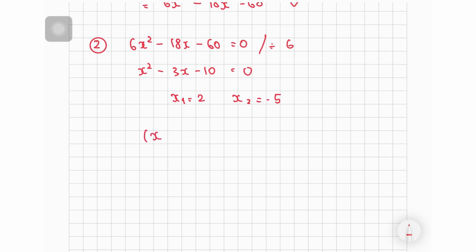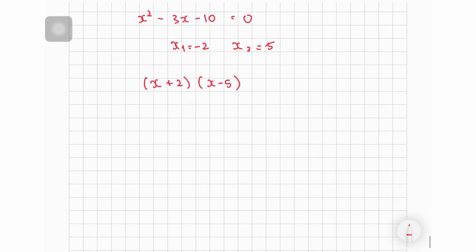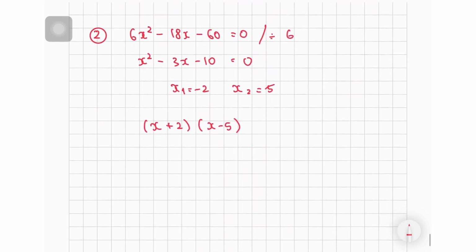Therefore, we can factorize the first derivative as x minus 5 times x plus 2. Sorry, the roots are minus 2 and 5. So that's step 2.